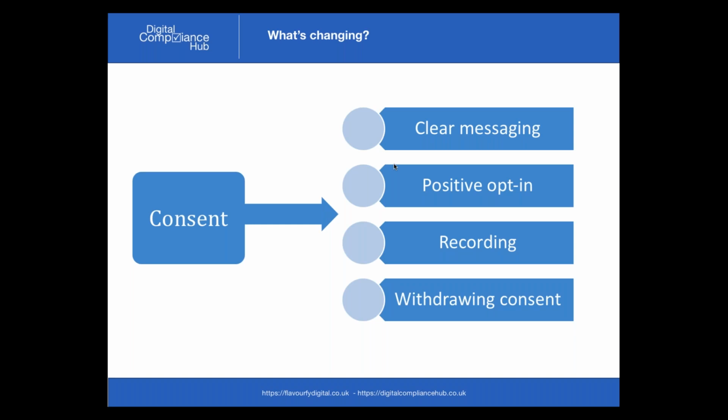So if there is double opt-in available, that's probably a good way of looking at how to deal with consent and meeting these requirements. But of course, you've still got to worry about the messaging, and you'll still need to be able to say, well, actually, this person joined this mailing list at this particular time because they will have read this text and they would have clicked on this, and then this process would have happened.